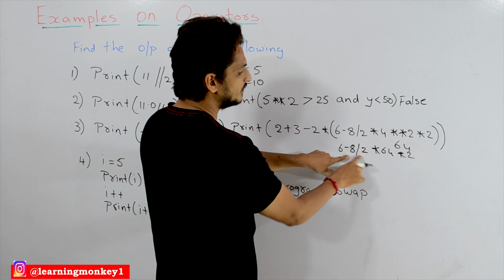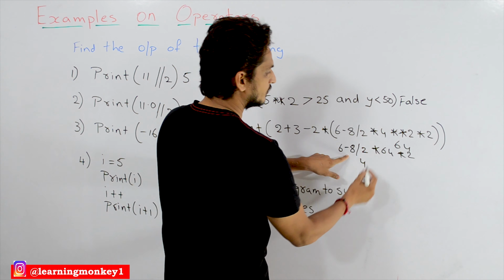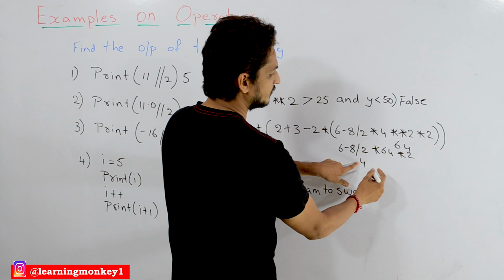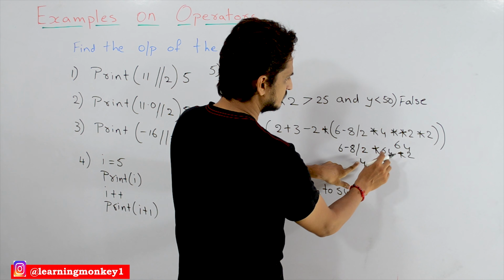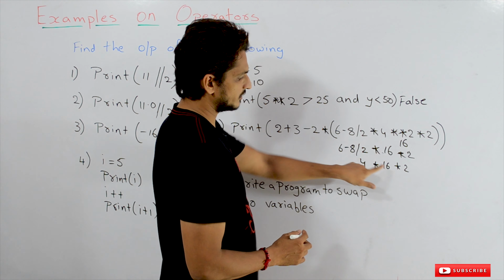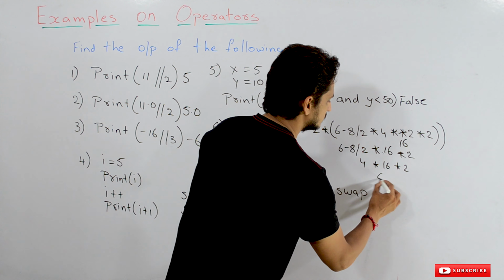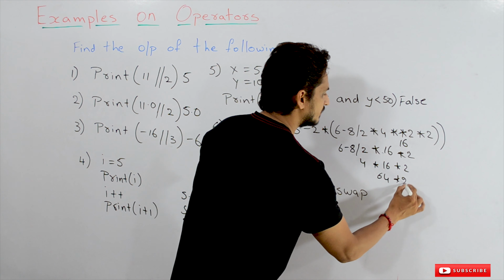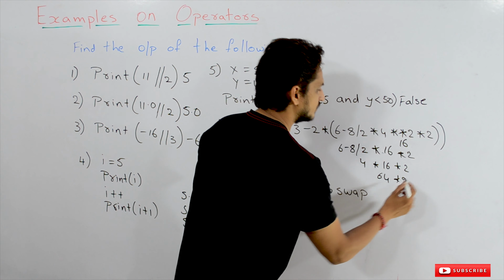First division will be done. 8 by 2 is 4. 4 power 2, 16, sorry. 4 power 2 means 16. So 4 multiplied by 16 multiplied by 2. 4 into 16 is 64, multiplied by 2 is 128.